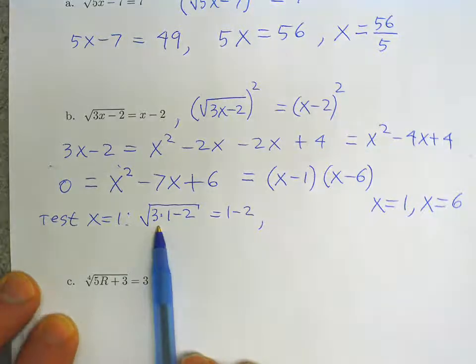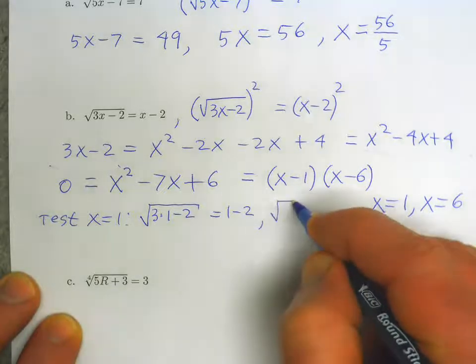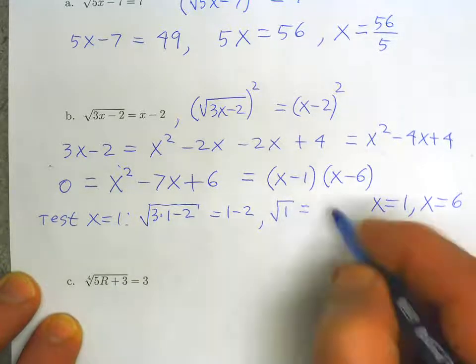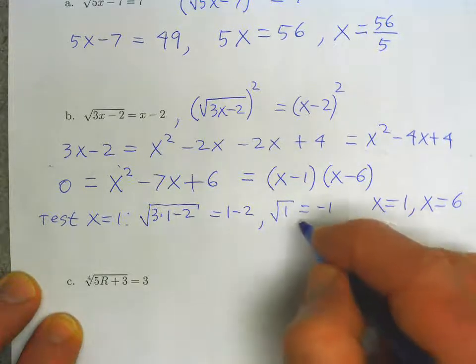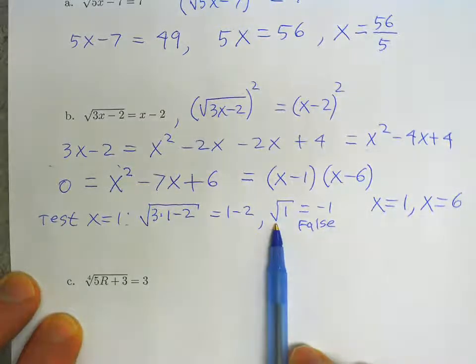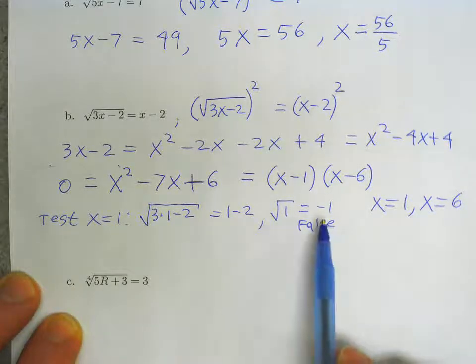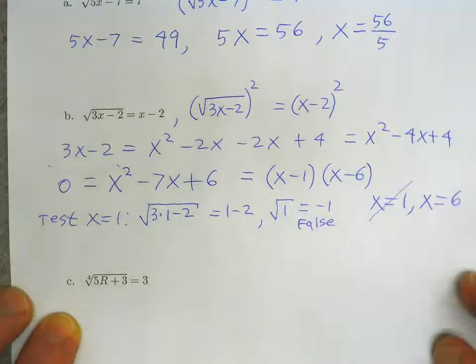So inside the square root, 3 times 1 is 3, 3 minus 2 is 1. So we get the positive square root of 1 equals negative 1, because 1 minus 2 is negative 1. Okay, but this is false because the positive square root of 1 is 1, and it cannot be equal to negative 1. So 1 is not a solution.